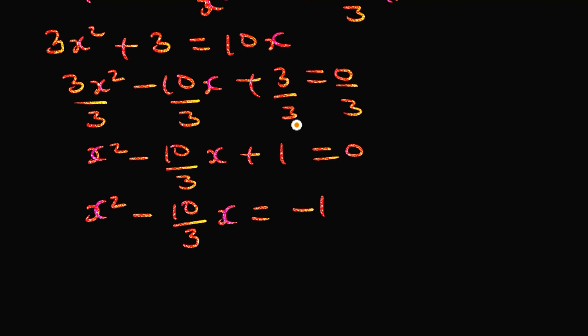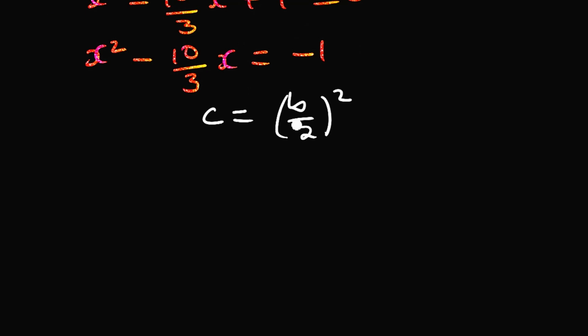Now the left hand side is left incomplete, so we complete it by introducing a c. So c is given by half of b squared. So that is what we're going to add to the left hand side to make the square complete. So we're going to have x squared minus 10 over 3 x plus the new c, which will be half of b.